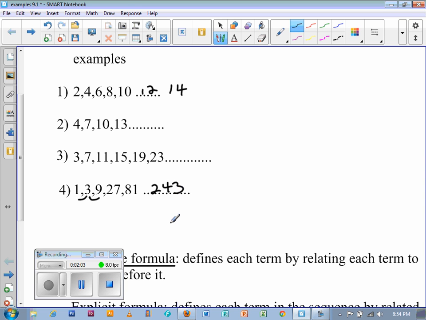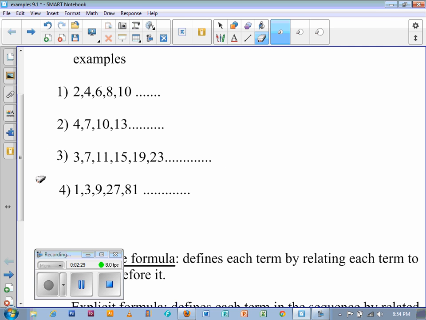With recursive formulas, it does matter where you start. If I started number 1 at 1 and added 2 each time, I'd end up with a completely new set of numbers. They would each go up by 2, but they would end up being the odd numbers, 1, 3, 5, etc. Now, the next type of formula is called the explicit formula.